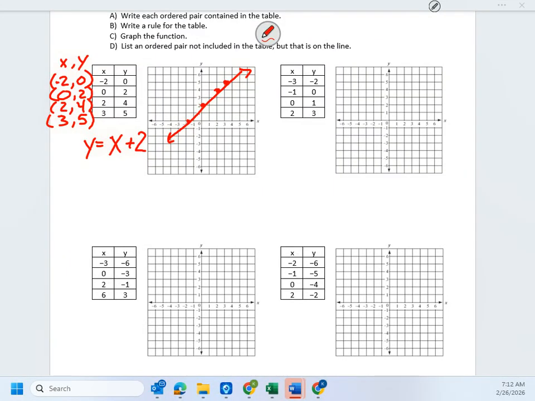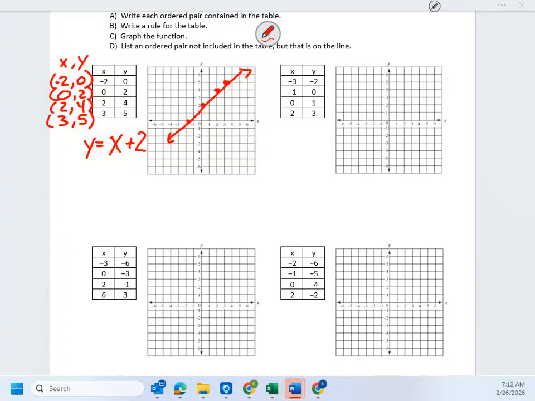I am not going to eyeball it and say it looks like this point falls on the line, because my line isn't exact. I am not perfect when I draw my line, and neither are you. So we have to do the math to prove it.